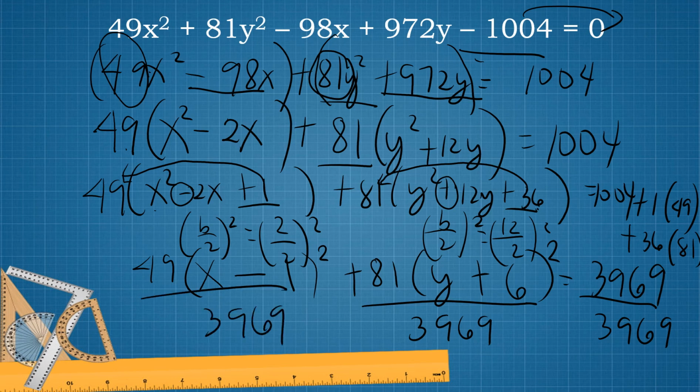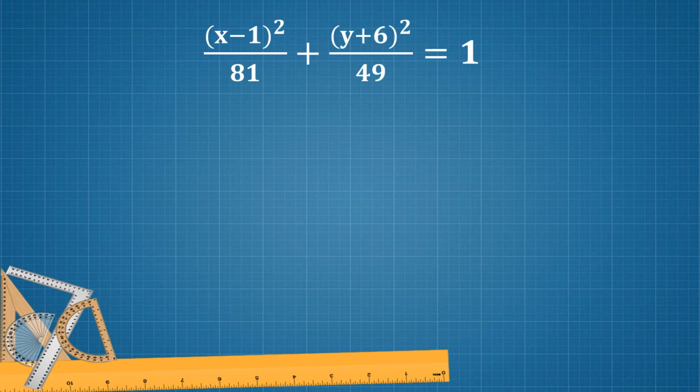After dividing both sides by 3,969, we will be able to find the standard form of the equation of an ellipse, and that is x minus 1 quantity squared over 81 plus y plus 6 quantity squared over 49 equals 1.